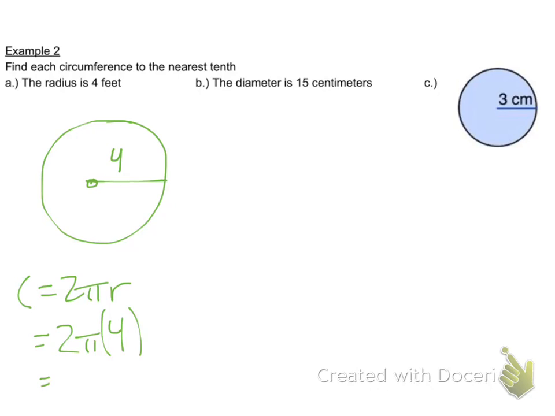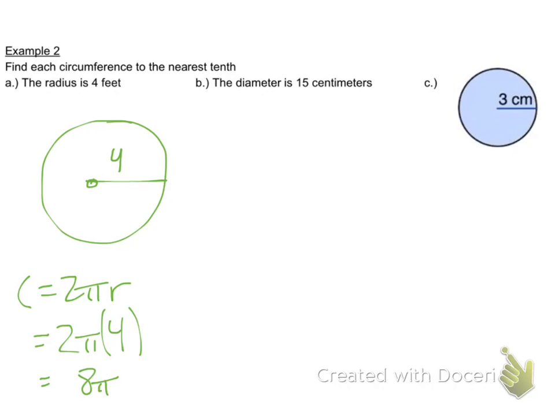Guys? 2 times 4? 8. So we get 8 pi. Is everybody okay with that? Notice that I multiplied using the associative property. I took the 2 and the 4 and put them together first, and then I multiplied by pi. Now it's a lot easier to put on my calculator.